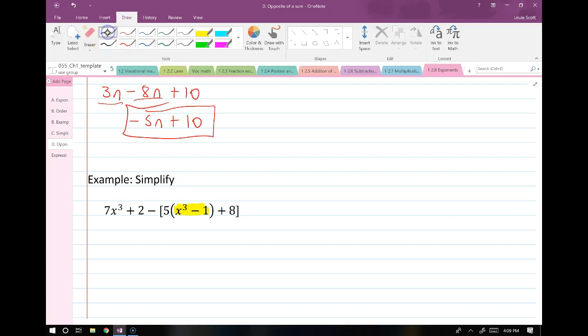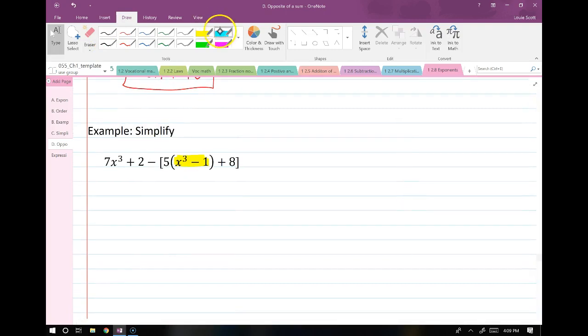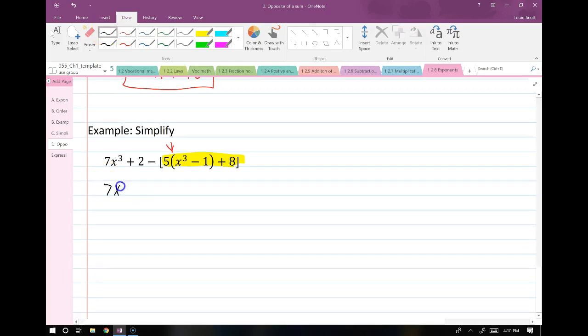All right, so we consider the next set of parentheses, which is these ones, the square ones. Right, and so we can do some stuff in there. It says first we need to handle multiplication. Right, since there are no exponents to handle, we go multiplication first. So I have 7x cubed plus 2 minus, in square brackets.